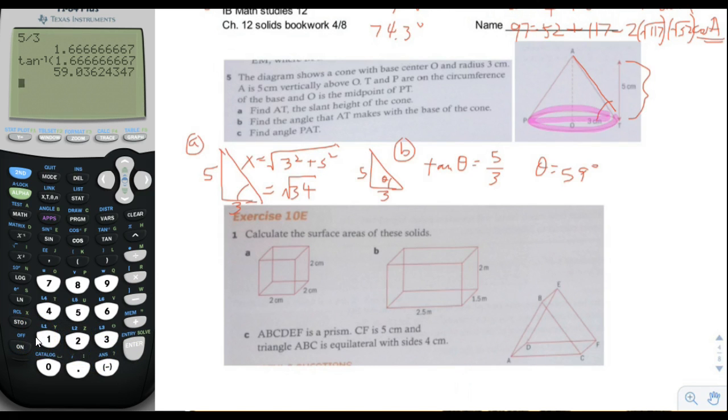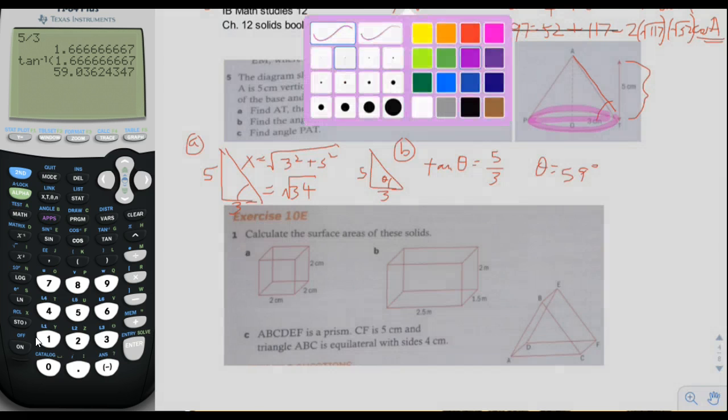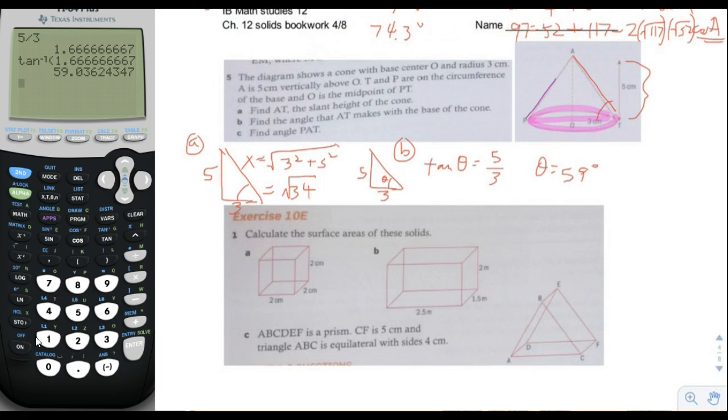C, find the angle PAT. PAT is that angle there. So this is not a right triangle, but we do know a lot about this triangle. We know that the base is 6 wide, right?